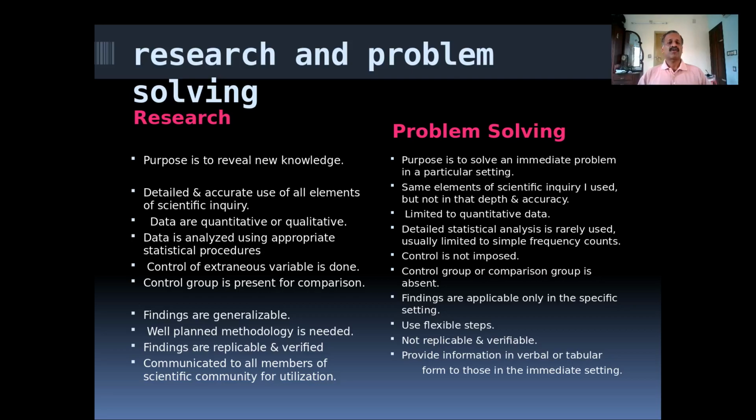Whereas in problem solving, we provide information in verbal or tabular form to those in the immediate setting only. So you identified some problem with hand washing, immediately you inform all the staff nurses in the ICU, you have to do hand washing like this. That is the only information. The problem is solved there. So these are the basic differences between research and problem solving.